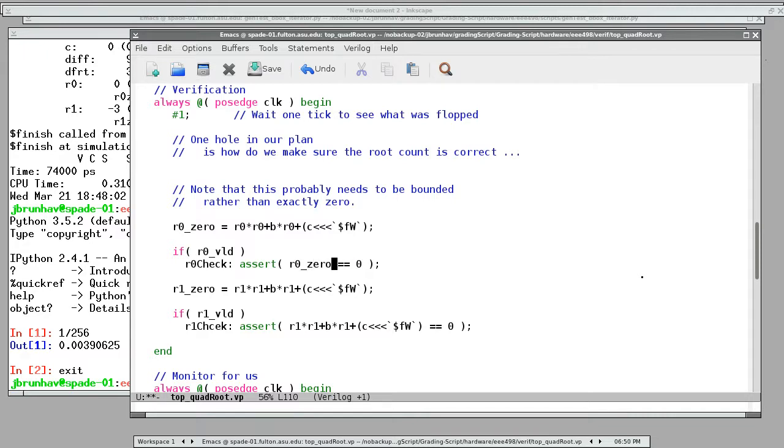R00, R1 under 0. These don't have any precision errors in them, but they are 8 bits more precise than we were before.